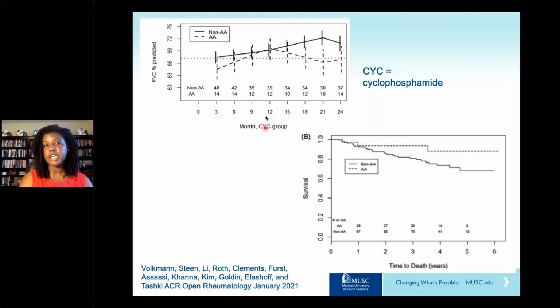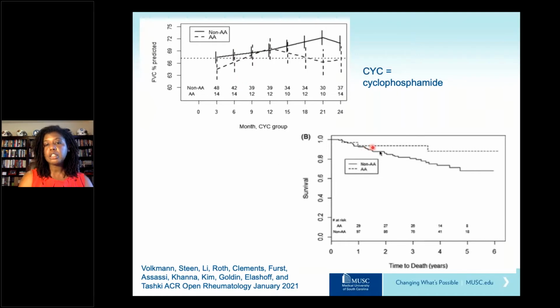CYC stands for cyclophosphamide. And as you can see here, the African American patients actually had a greater improvement in their lung function tests early on when they were treated with cyclophosphamide compared to non-African American patients, and the difference there was noted to be statistically significant.